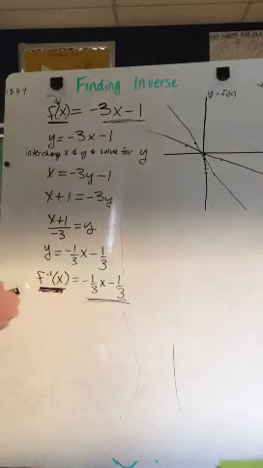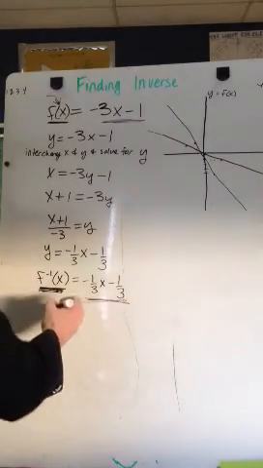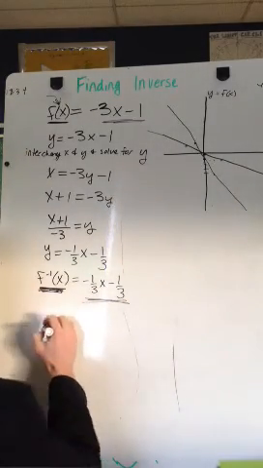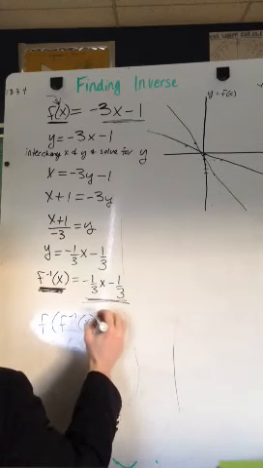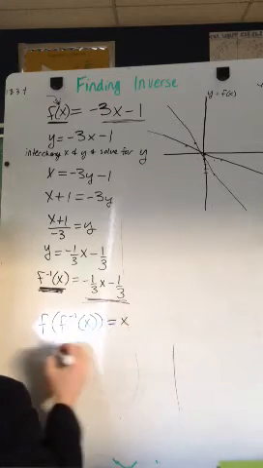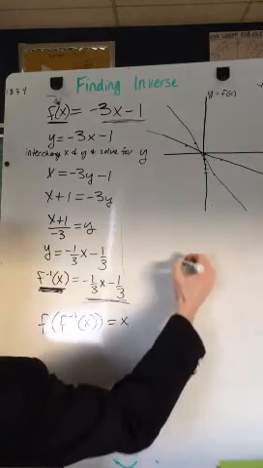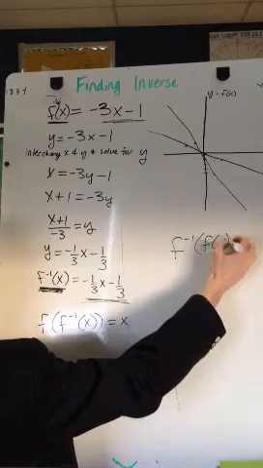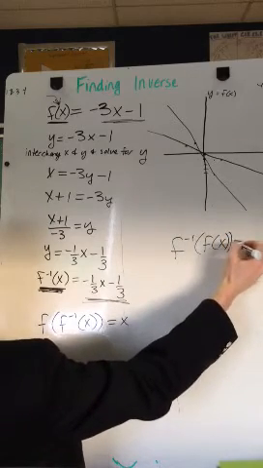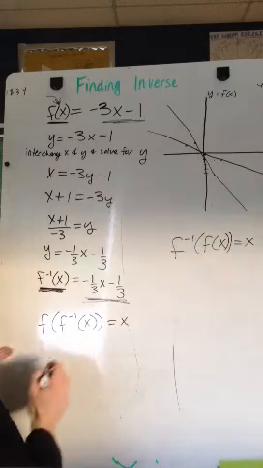The last step, we're still not done. We need to show that the composite function f of f inverse of x does in fact equal x, and we also need to show that f inverse of f of x equals x. So let's do that.